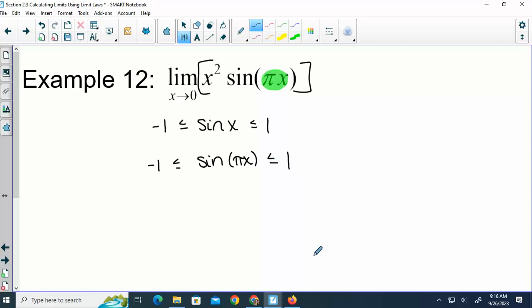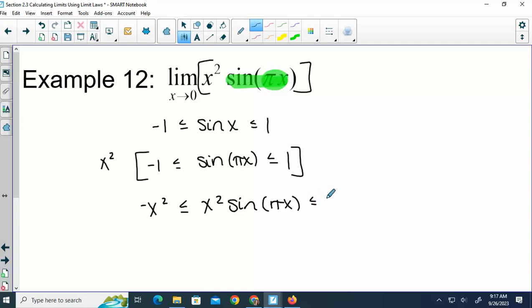What's the next thing I need? X squared. So we've got all this, we need the x squared. X squared is positive, so we can just multiply everything by it. So we get -x squared less than or equal to x squared sine of pi x less than or equal to positive x squared.